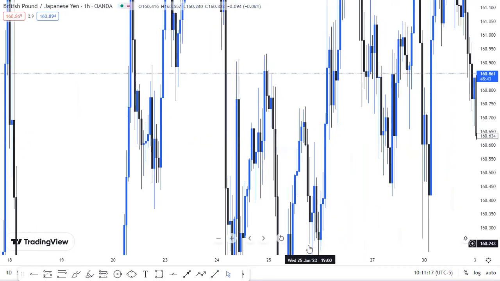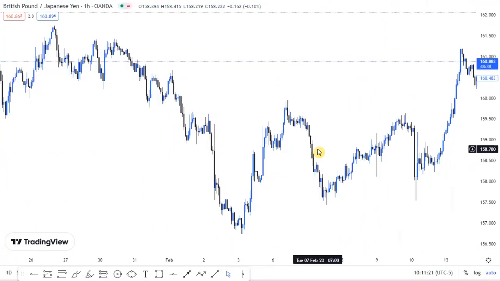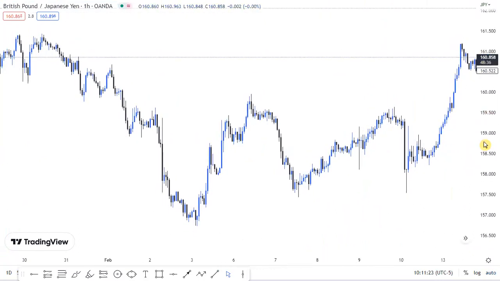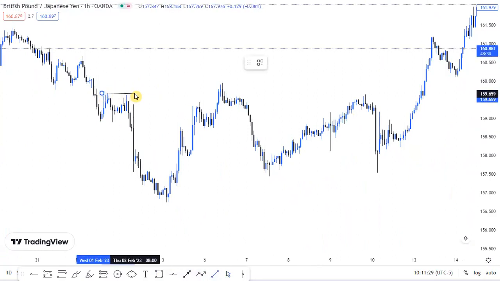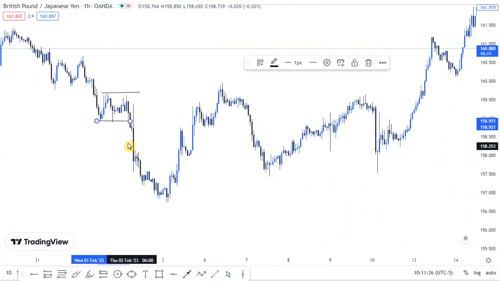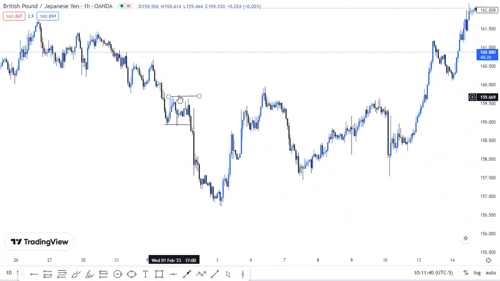I just want to show you guys something really quick. We are looking at this area, right? The market is moving to the downside because we have a break of this area, which is a break of market structure, and we have also this break of market structure.